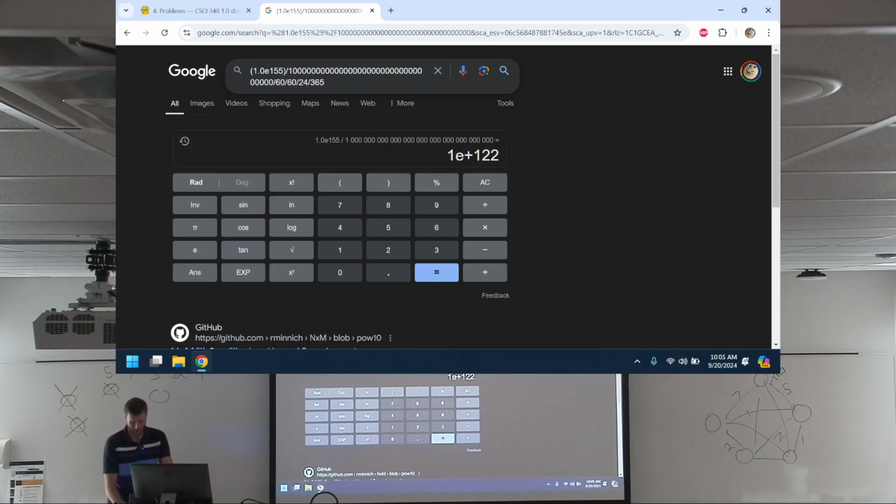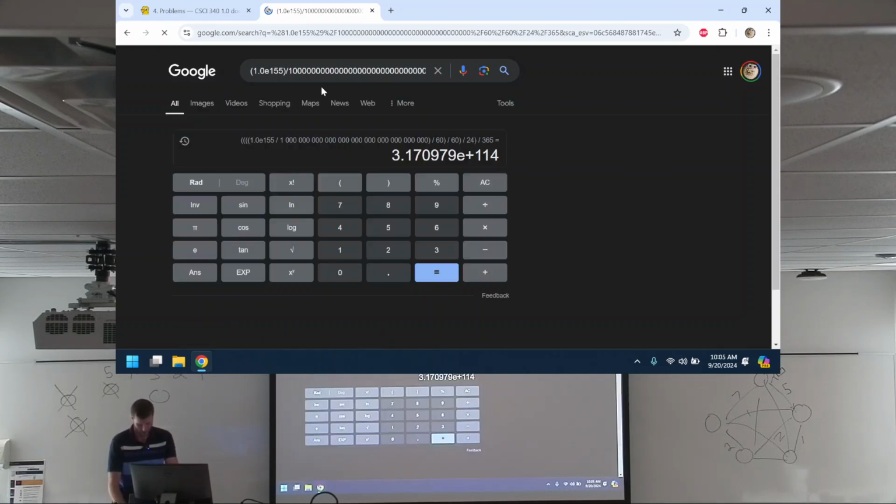This will tell us how many years. Okay. So how long has the universe been around for? Like 13 billion, something like that? Okay, so let's just divide that number by 13 billion.